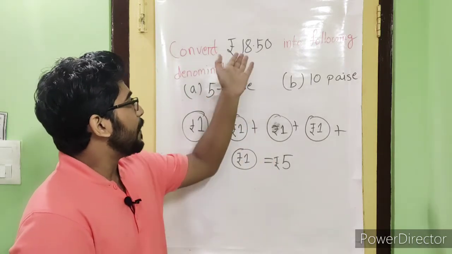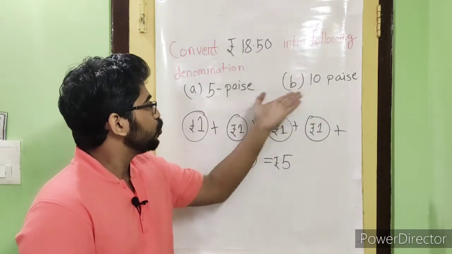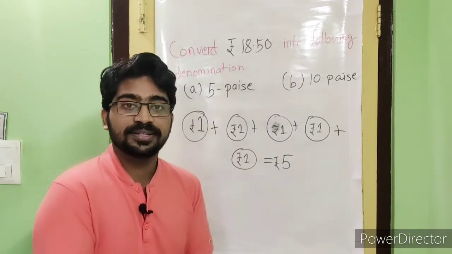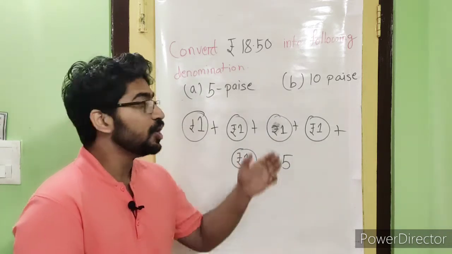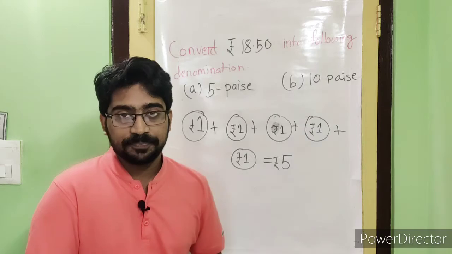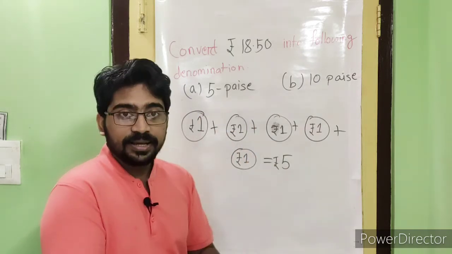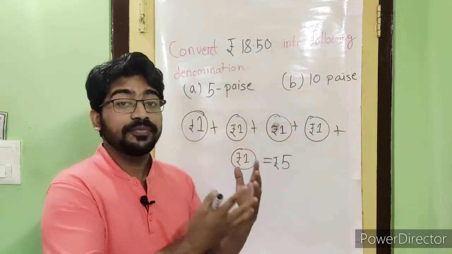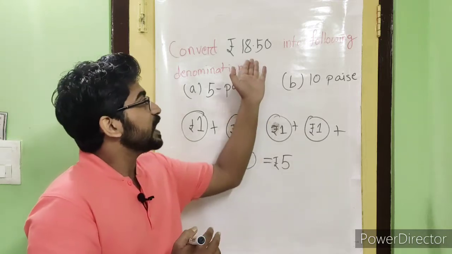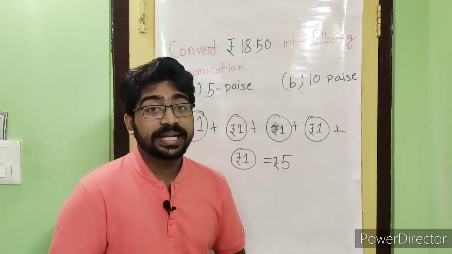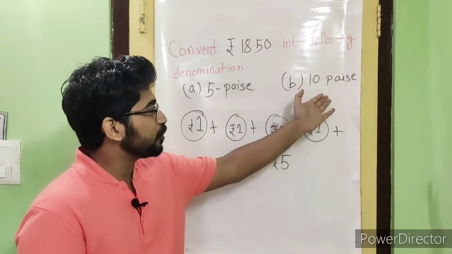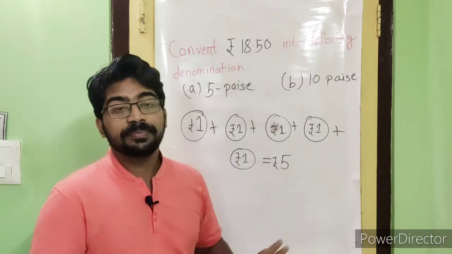Here also, using these two denominations, I need to find out how many 5 paise coins or how many 10 paise coins will be there to make rupees 18.50, that is 1850 paise. So we need to combine some number of 5 paise coins and 10 paise coins to make 18 rupees 50 paise.